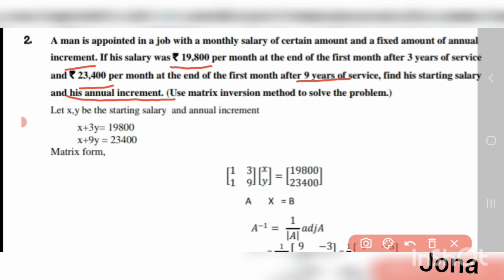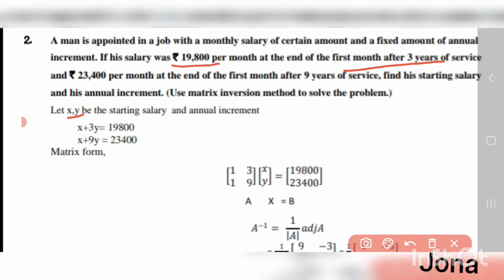Here let me take x and y as the starting salary and the annual increment. Clearly it is given that his salary was 19,800 per month at the end of first month after 3 years of service. Here we take x as the starting salary and y as the annual increment.